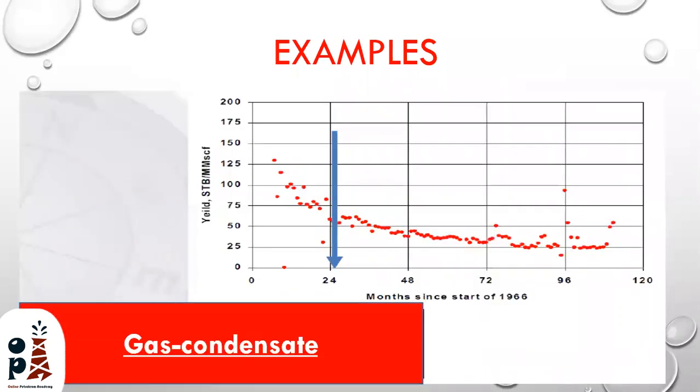In the third example, the yield, or the RV, represents the oil associated with the separated gas. The initial yield is about 125, so it is very high, and it can be a gas condensate reservoir.